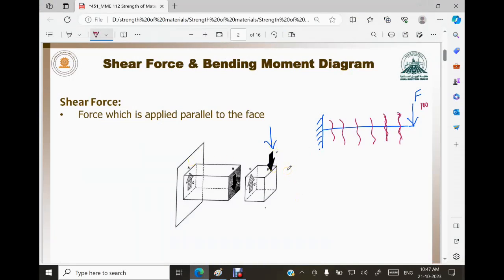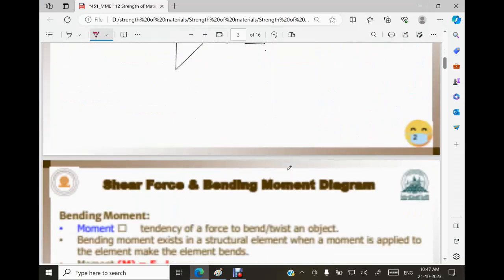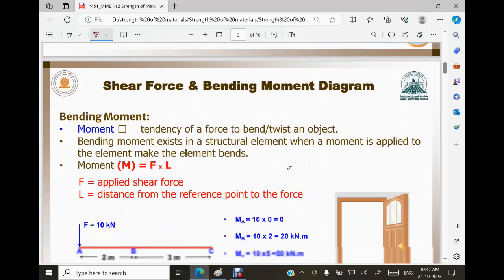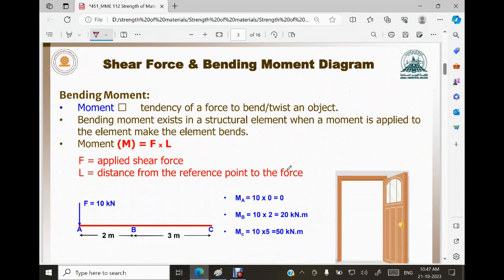Now let us just see what is the bending moment. A bending moment is nothing but, mathematically speaking, force multiplied by perpendicular distance. Let us say I am holding something over here in my hand. This is my hand.